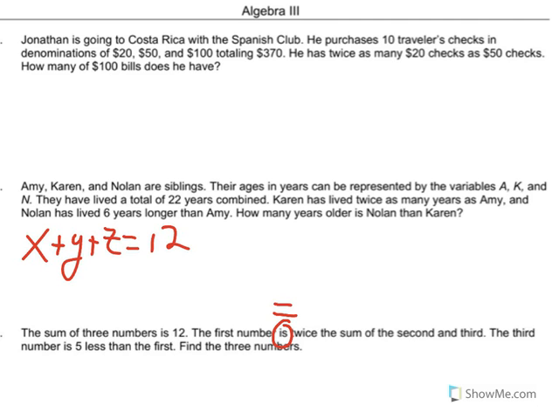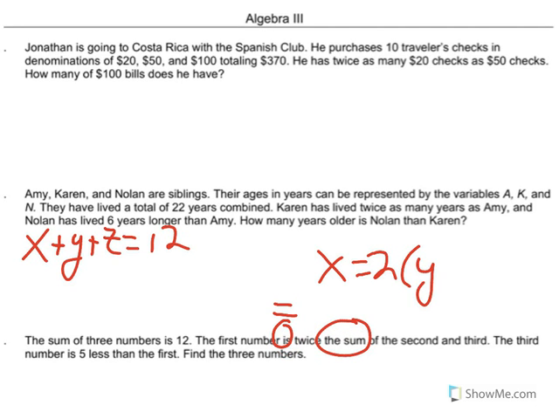The first number, x, is twice the sum. Anytime I say twice the sum, that's going to be 2 times y plus z. The third number is 5 less than x, and "less than" is a backwards word, so this is going to be x minus 5.